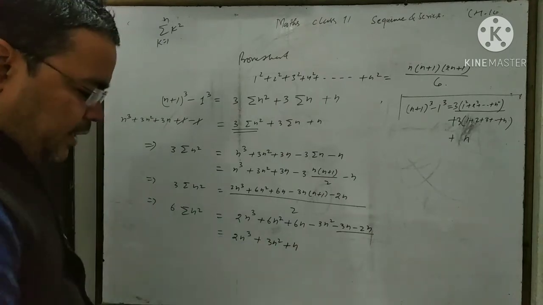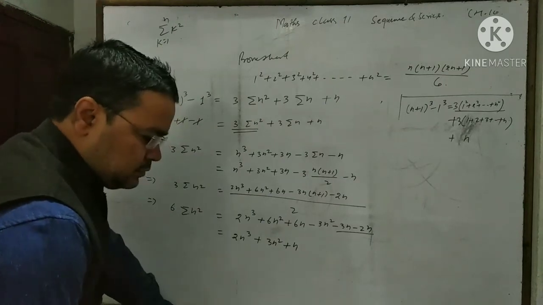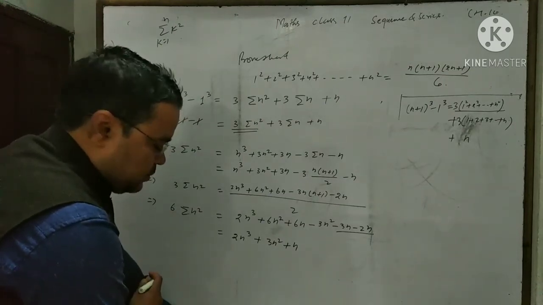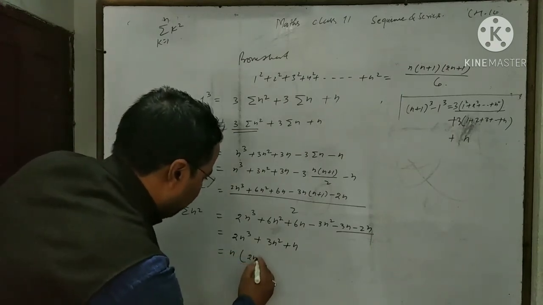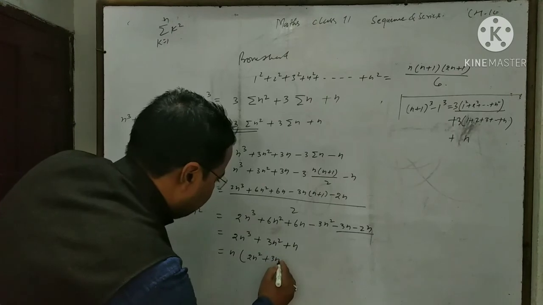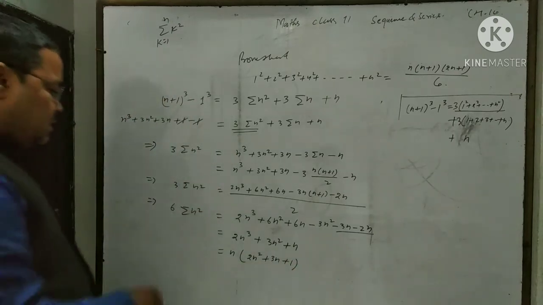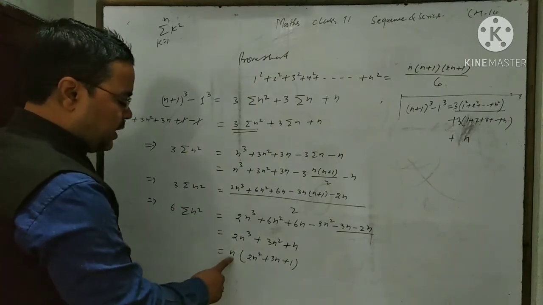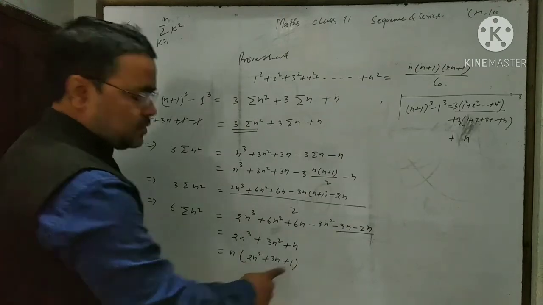Now we should take n common, then it will be 2n² plus 3n plus 1. In this way, 6 sigma n² is equal to n within brackets (2n² plus 3n plus 1).